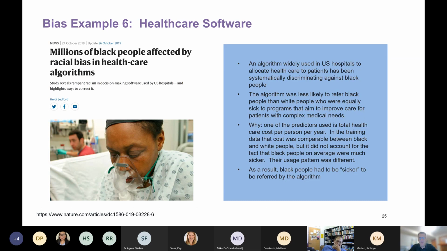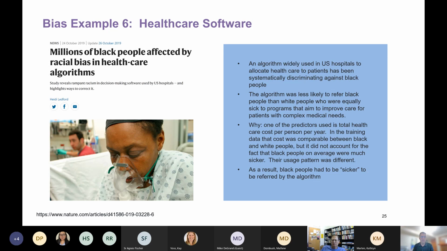Here's example 6, healthcare software. There's an algorithm in US hospitals that allocates healthcare to patients, basically deciding, should they get escalated treatment? Is their level of disease justifying a stay at the ICU or an expensive medication, et cetera. And it, again, works to the disadvantage of Black people over white people.